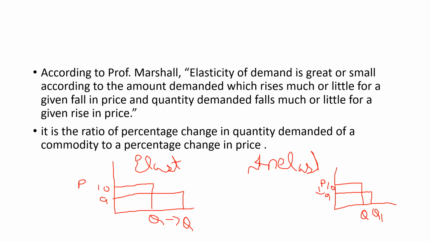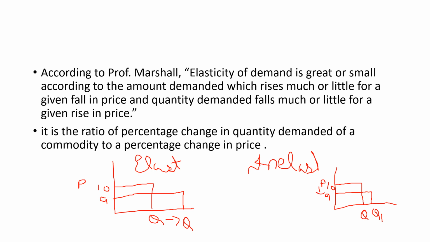For example, if the price of the bread decreases, the demand will not increase for that product. Same for the petrol also. If the price decreases or increases, the demand for the product will not change as much as we expect.